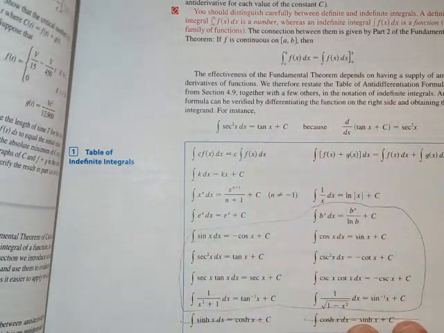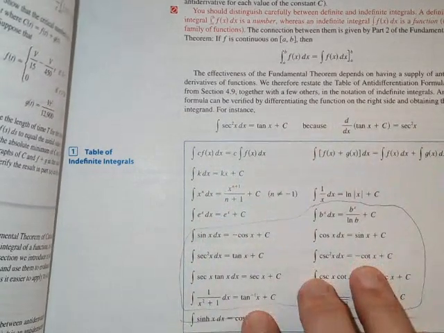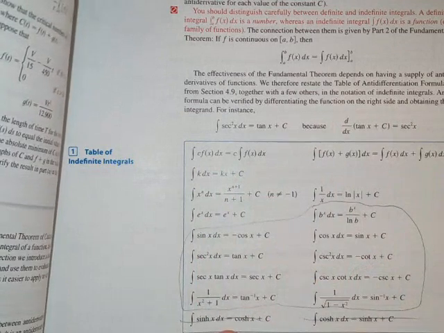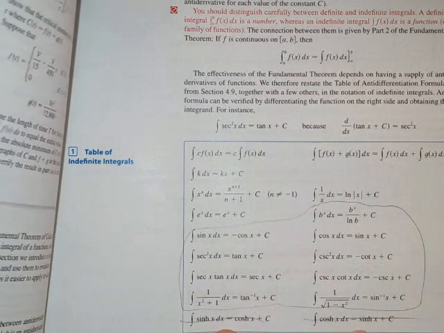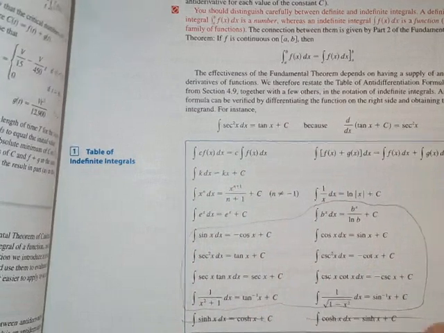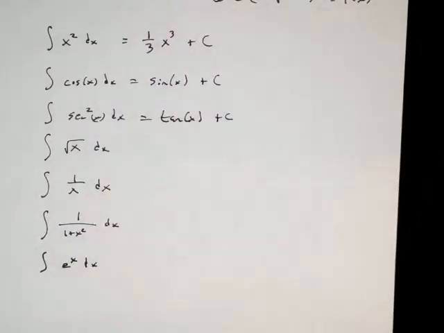Everything else in this section is on that formula sheet, except for these last two, because we didn't do those. That's chapter 3, section 11, hyperbolic functions. We didn't talk about those. Because they can be rewritten in terms of e, we'll just do them in e. It's easier, in my opinion.